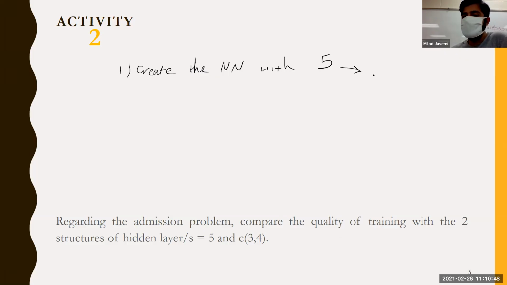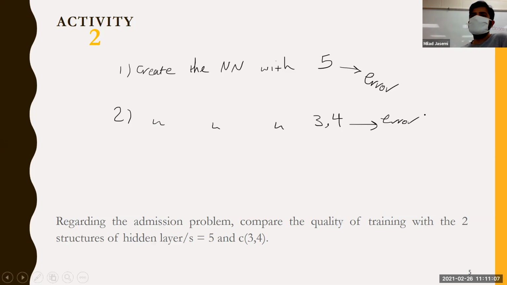It means it wants you to draw the structure and see the error and compare them with each other, and also create the neural network with hidden layers of 3 and 4 and see the error. That's it. Go ahead.